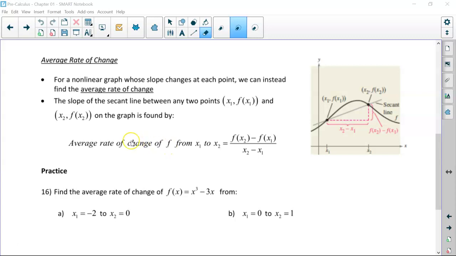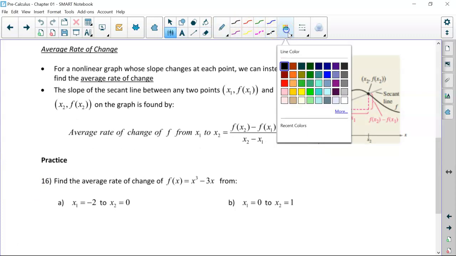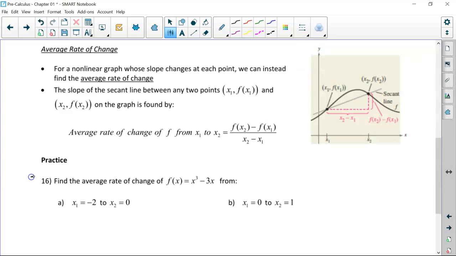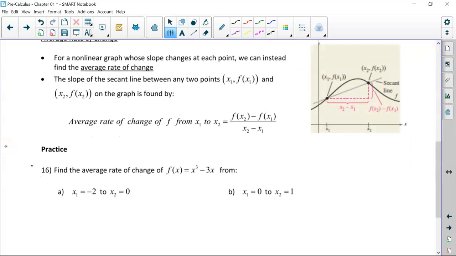So for this function given in problem number 16, we're going to find the average rate of change for x cubed minus 3x. The average rate of change is going to be f of x sub 2 minus f of x sub 1 over x sub 2 minus x sub 1.